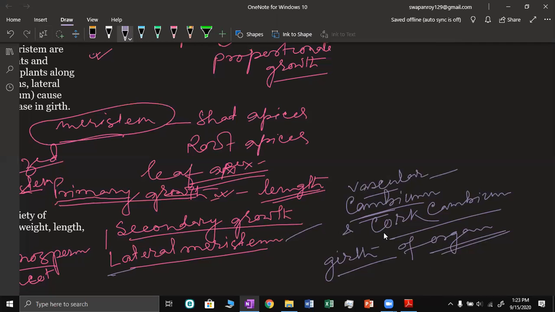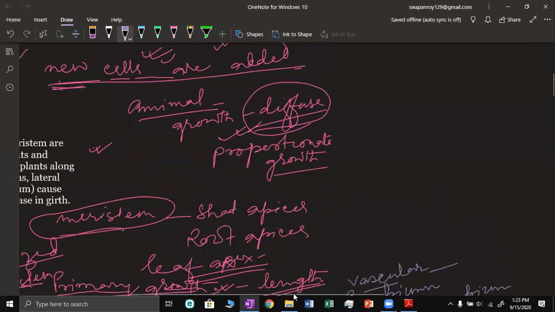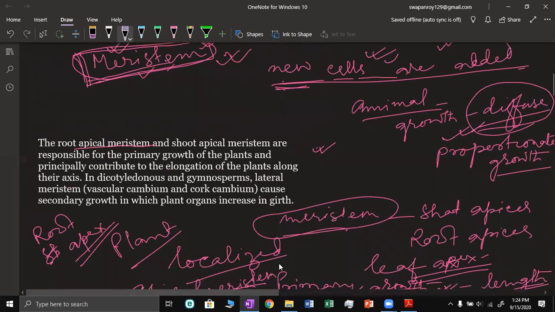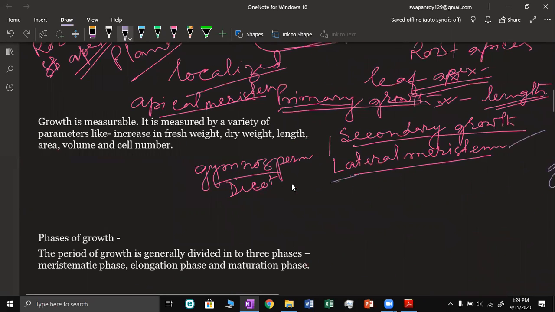This is called secondary growth. Secondary growth is limited to certain plants only.